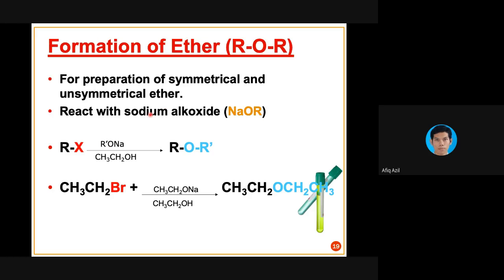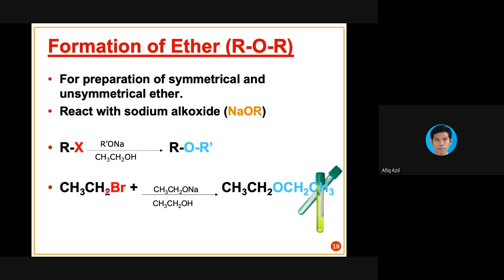Okay, this is sodium, Na. OR is known as alkoxide, alkoxide ion. So this sodium alkoxide, then in the presence of ethanol as solvent, the ether structures will be formed.